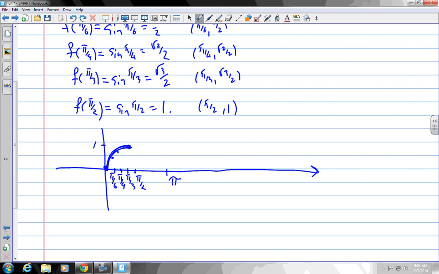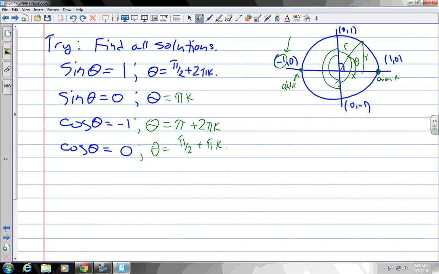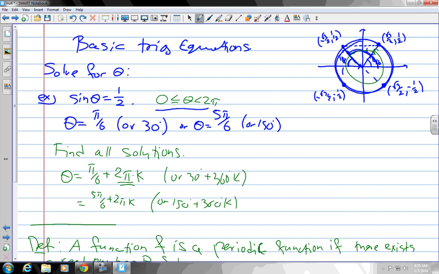But if I keep going, if you look at your unit circle, well, think about this. The sine is the y value, right? So as you go from 0 to pi over 2, what happens to the y values?